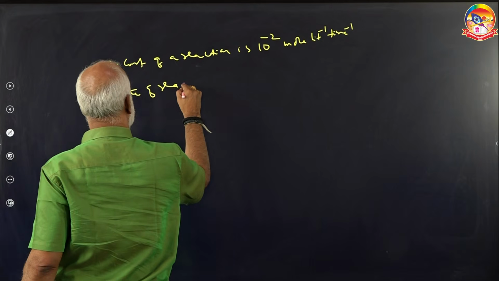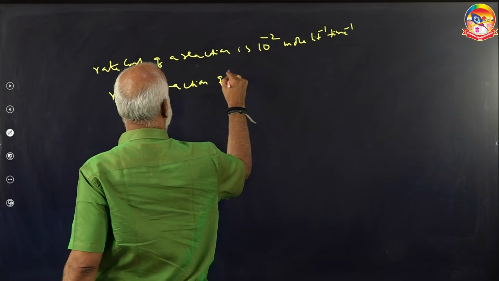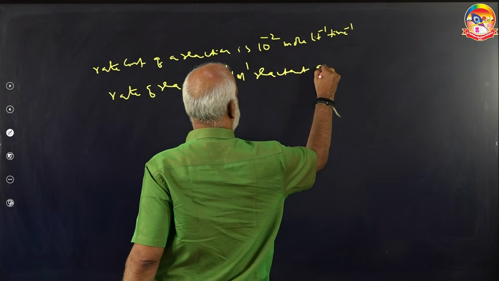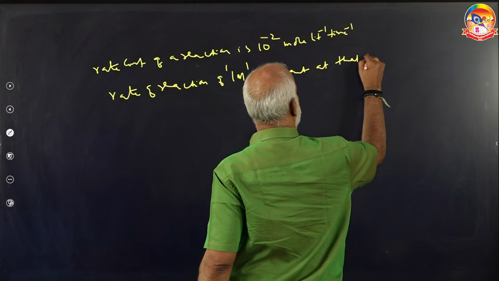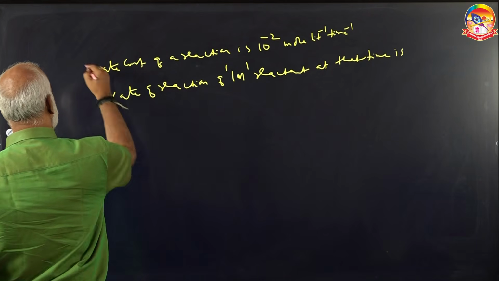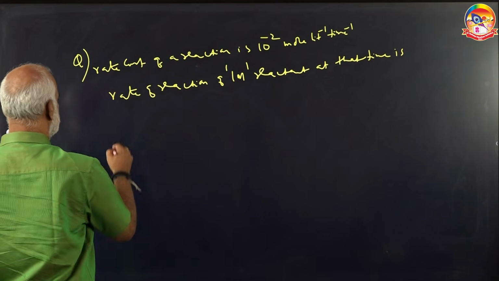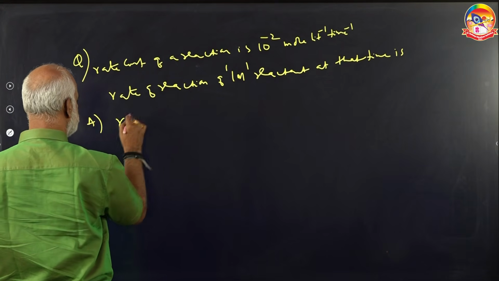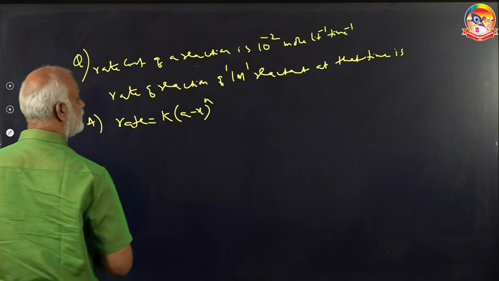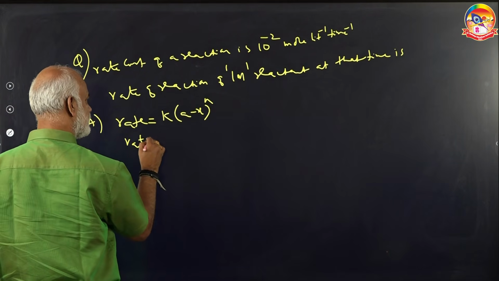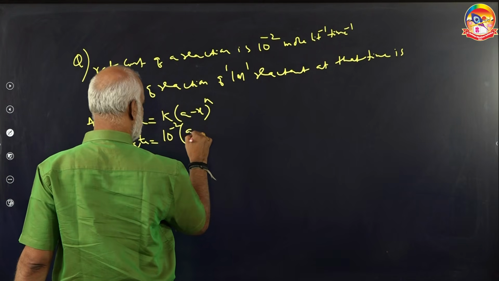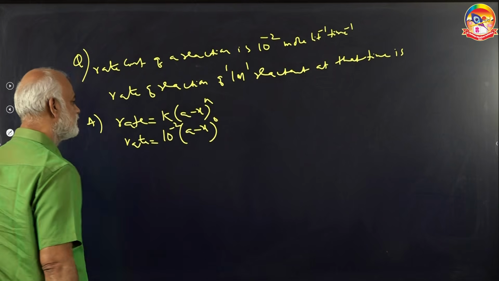Rate of reaction of 1 molar reactant at that time is, oh, he gave you rate constant, he is asking you rate. Rate is equal to rate constant into a minus x to the power n. Rate he wanted, rate constant is 10 to the power minus 2, a minus x to the power 0.